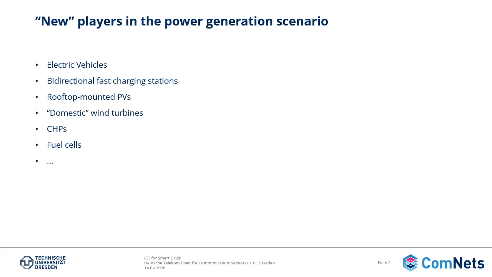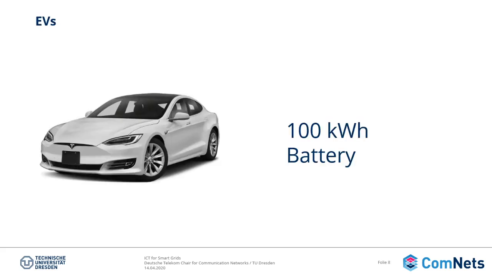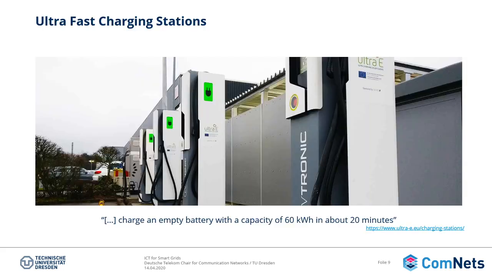First player is electrical vehicles. Now, these electrical vehicles have up to 100 kilowatt hour battery, and that's a Tesla car. And that means that these cars using ultra fast charging stations can charge 60 kilowatt hour in about 20 minutes.